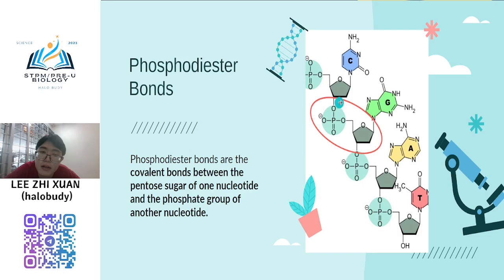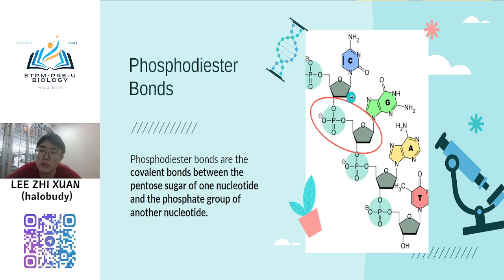So this one we call the phosphodiester bond, here and also here. The phosphodiester bond is formed between the phosphate group and the pentose sugar, the ribose. The phosphodiester bond is formed at carbon number 3.